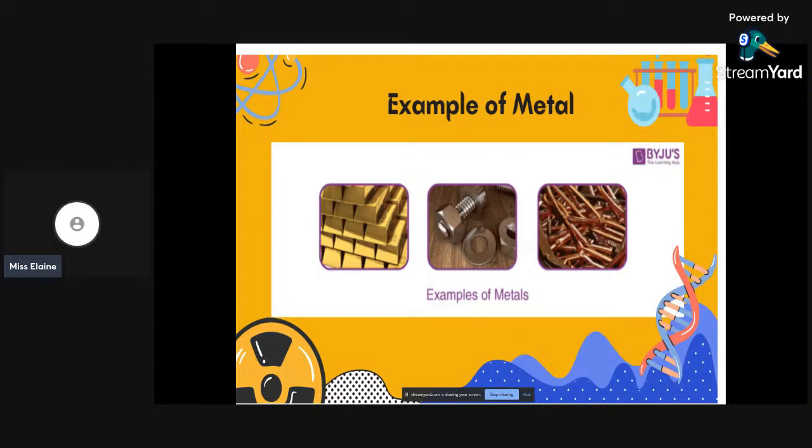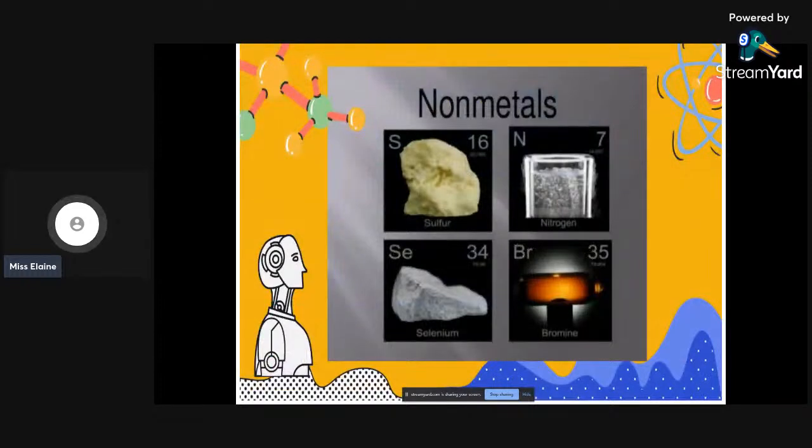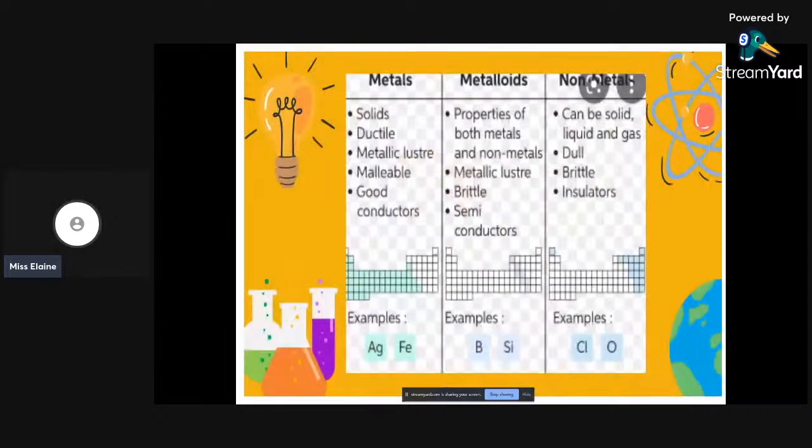Bronze and nickel are also examples of metals. For metalloids, we have boron, silicon, germanium, and arsenic. For non-metals, we have sulfur, nitrogen, selenium, and bromine.